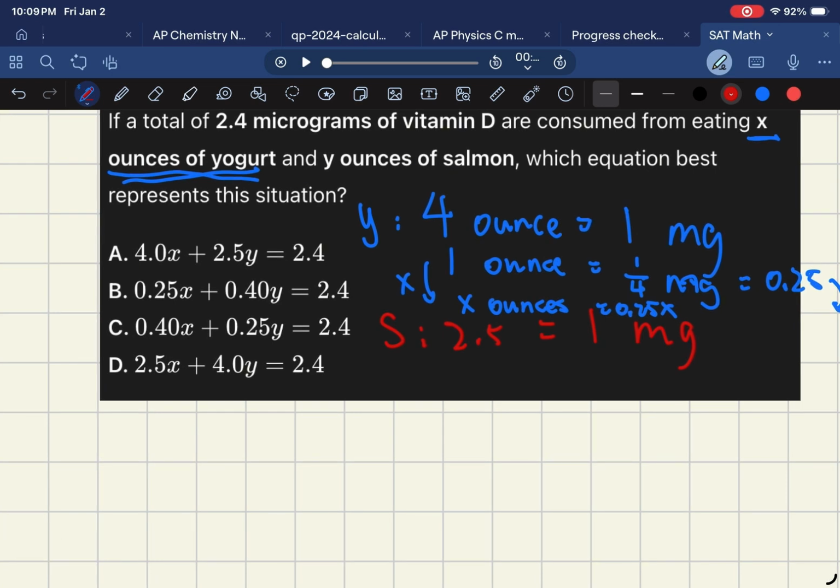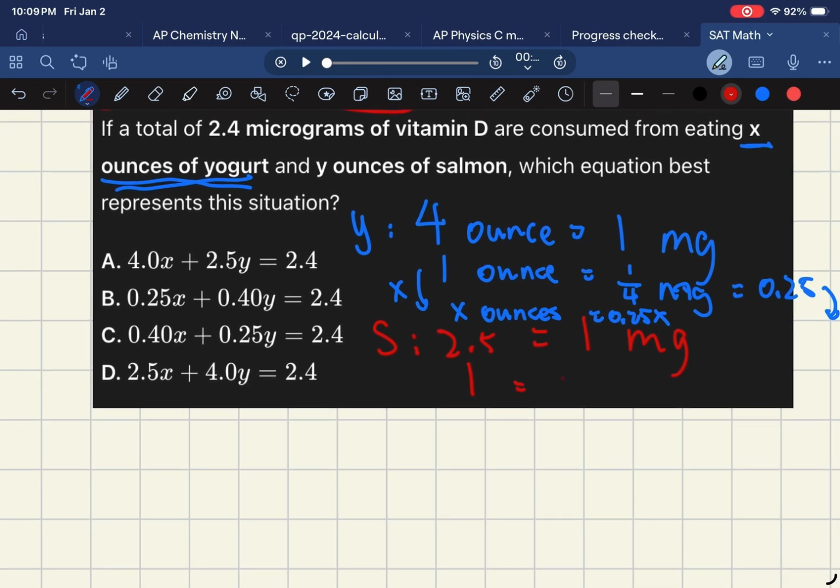In order to find Y ounces of salmon, we multiply this by Y, so Y ounces of salmon provides about 0.4y micrograms of vitamin D, and we know we have to have 0.4y in our equation as well.